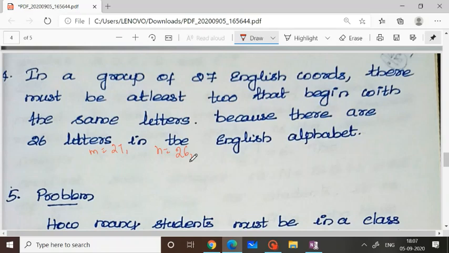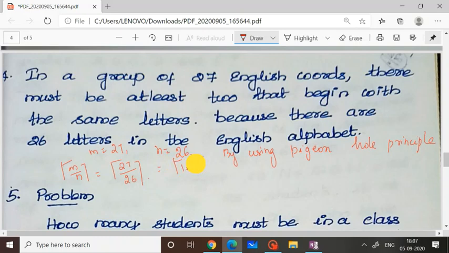By using the pigeonhole principle, the ceiling of m by n is equal to the ceiling of 27 divided by 26, that is equal to the ceiling of 1.038, that is equal to 2.